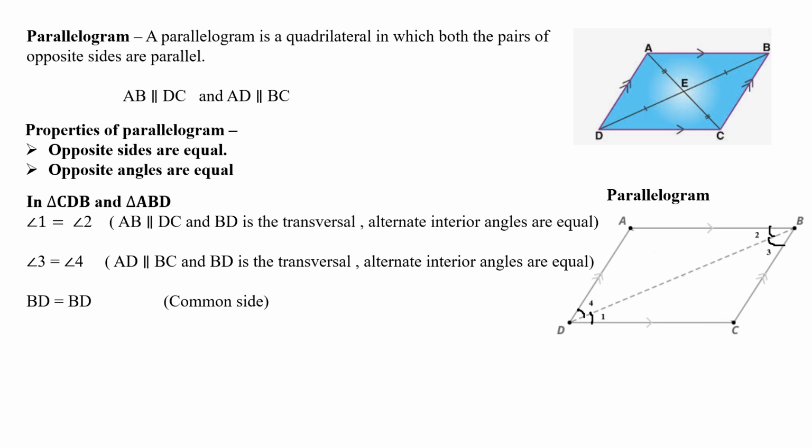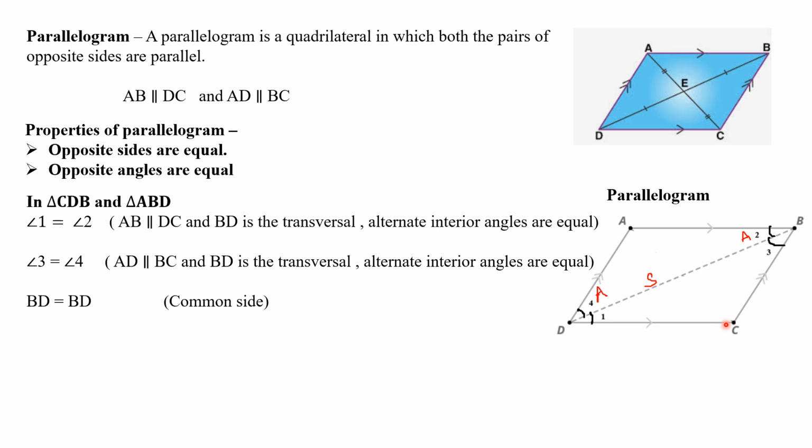But congruent using which criteria? So if you see here, this is your angle, this is side and this is again angle. So we can say that these two triangles are congruent using ASA congruency criteria. And when I prove that two triangles are congruent, then their corresponding parts will also be equal.